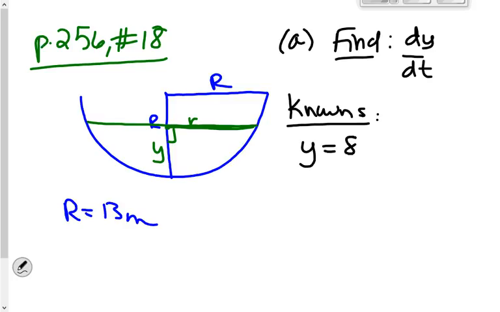Okay. What else do I know? Okay, the radius of the whole reservoir, capital R, is 13 meters. What else?